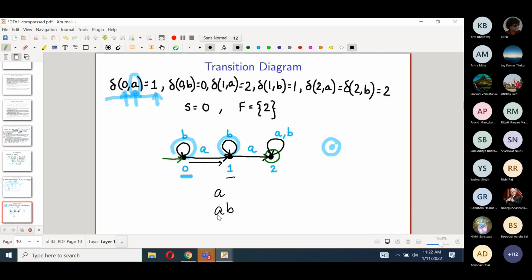If you want to see which state I am at after I transition steps, reading an I length string, then you basically have to follow an I length labeled path. That label will be exactly this I length string, correct?